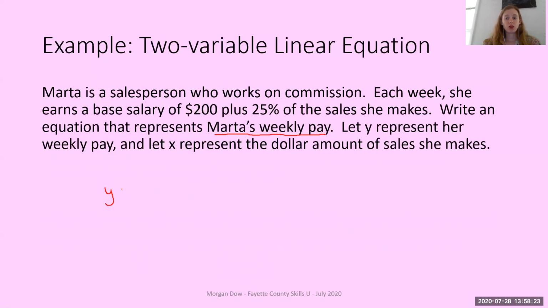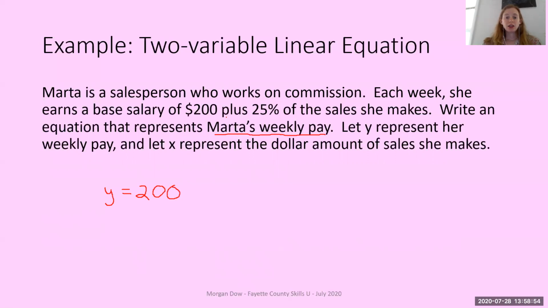And we want to write an equation that represents this. So we want to write an equation or basically a summary of what goes into that weekly pay. What calculations is she doing when she's calculating up her total weekly pay? Well, she earns a base salary of $200. So each week she's always going to get those $200.